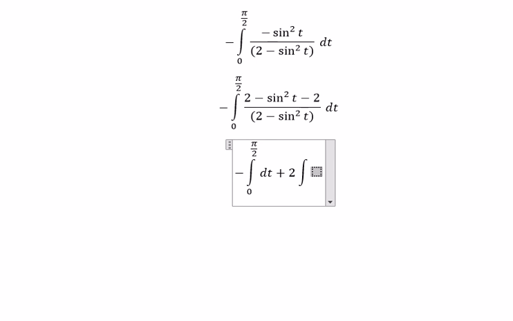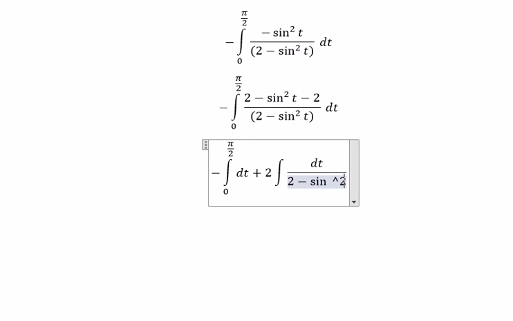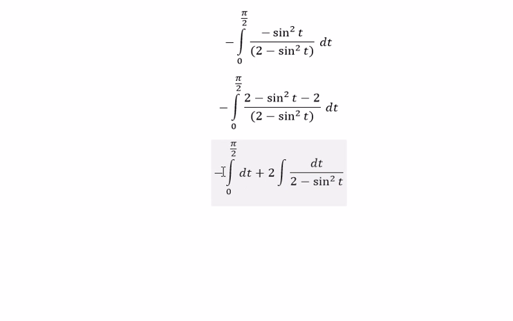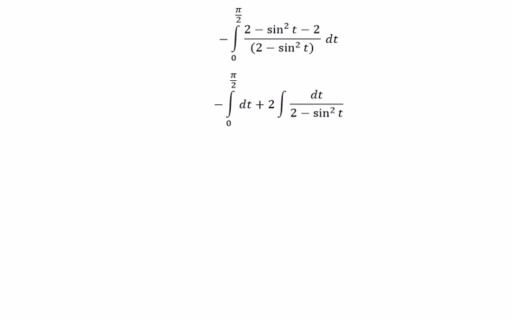The integral of dt over 2 minus sine t squared. This one you got negative pi over 2.